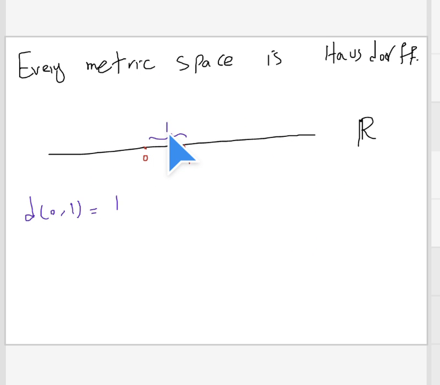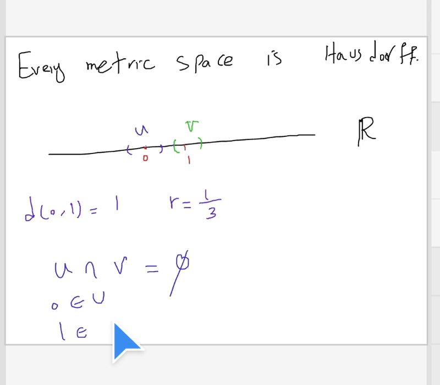In the center 0 I take radius 1/3, and this is the open set here, and this is the open set here. This is V, this is U. You see that U intersection V is empty. 0 belongs to U, 1 belongs to V.